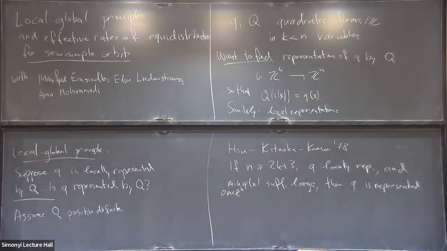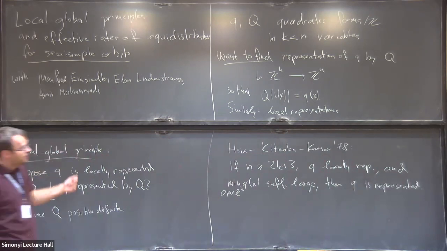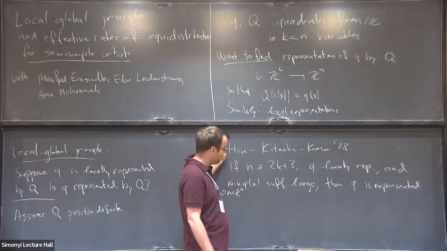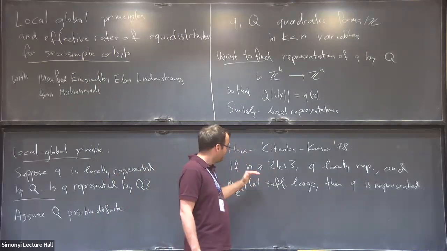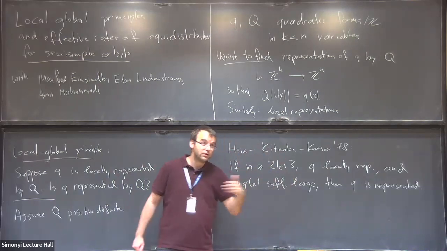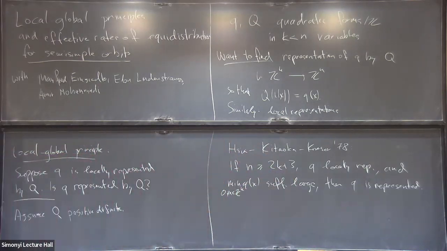The proof is basically by purely arithmetic methods. After that there was a bunch of works, this is just one of them, and it was unclear for a very long time whether or not this would be the optimal condition.